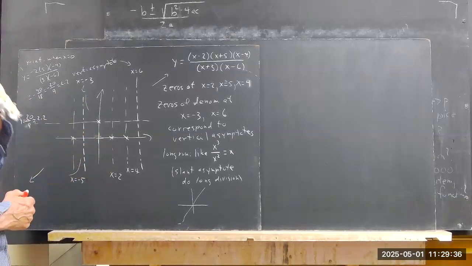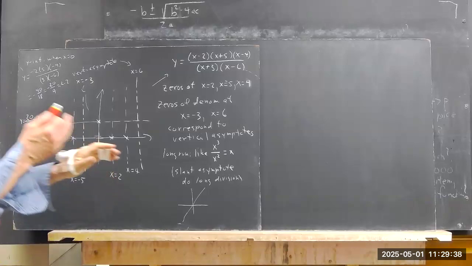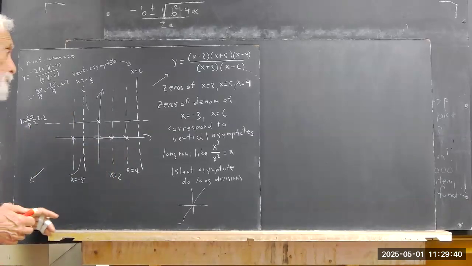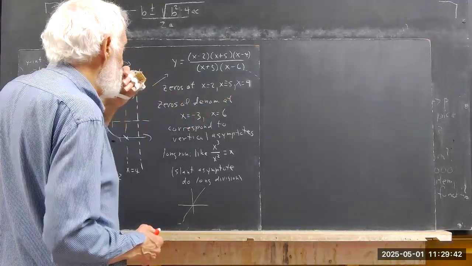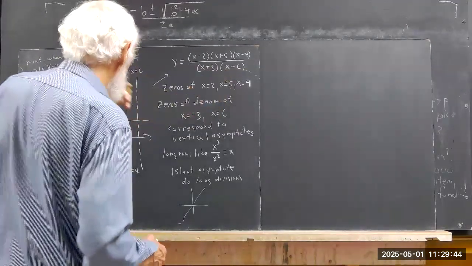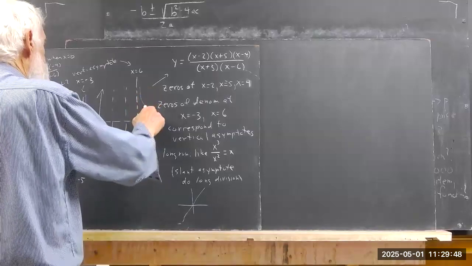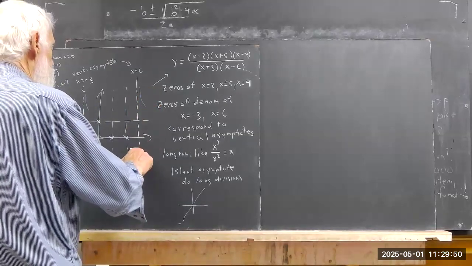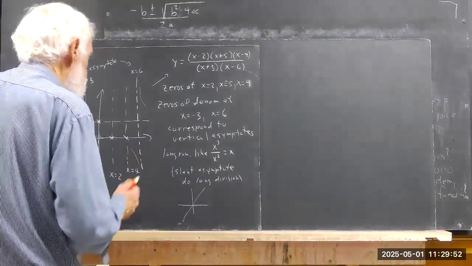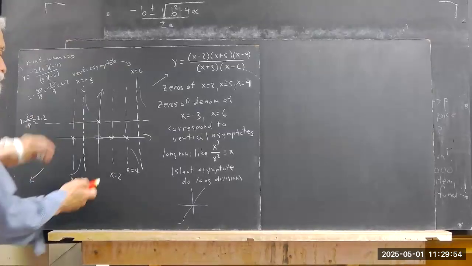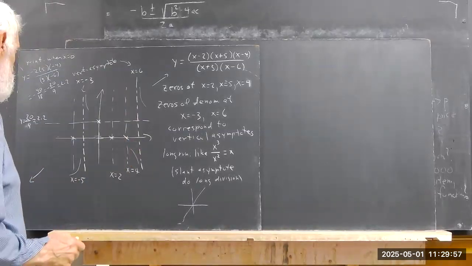It's like reflecting the reciprocal function through the y-axis. And at x equals 6, it's going to be the same thing. Might be like this. Flip vertically around this line.